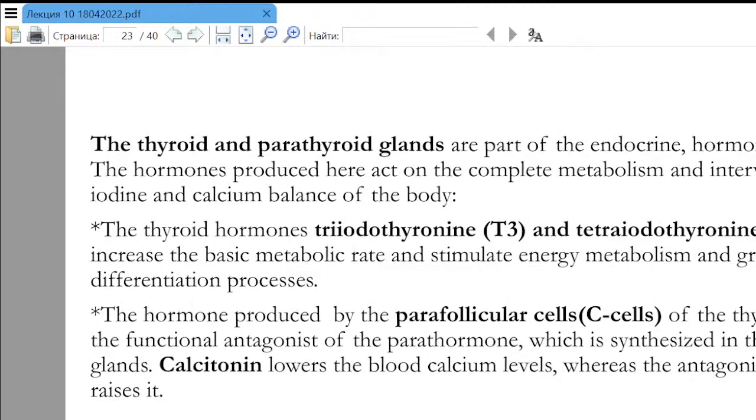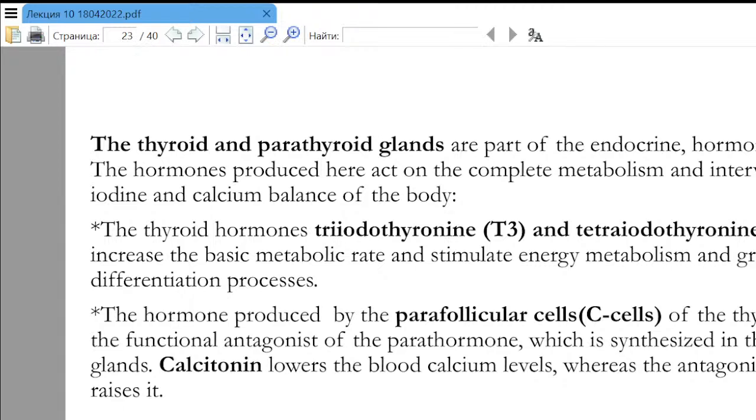Thyroid and parathyroid glands are part of the endocrine hormone-forming organs. The hormones produced here act on the complete metabolism and regulate the iodine and calcium balance of the body.